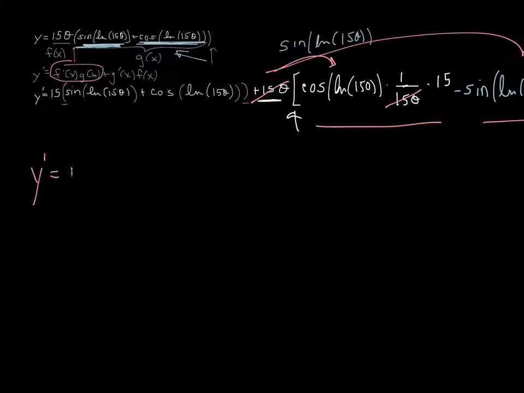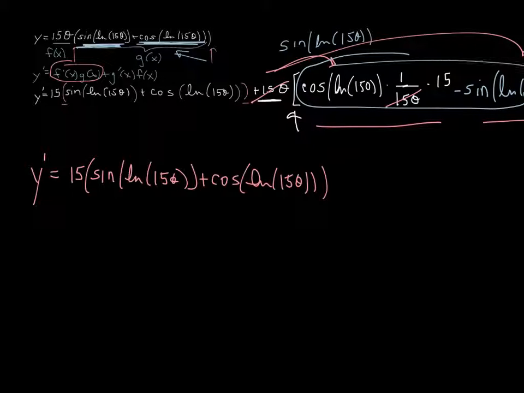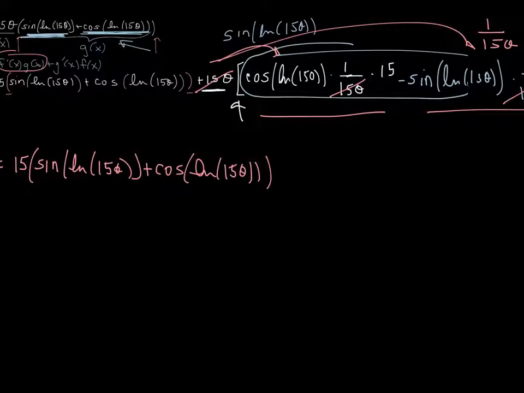So I'm going to have 15, all of this just stayed the same, ln of 15 theta, close, close, plus cosine of ln of 15 theta, close, close, close. Now over here, all I have left is this madness. So that madness being, let me write it in blue so we keep the same colors, I still have this plus sign.